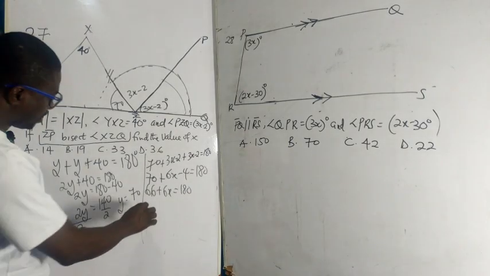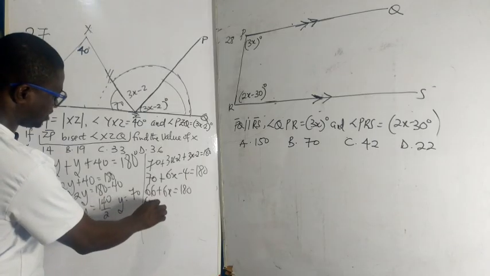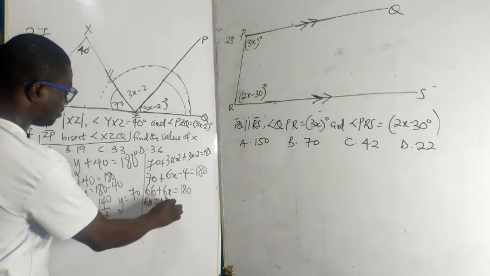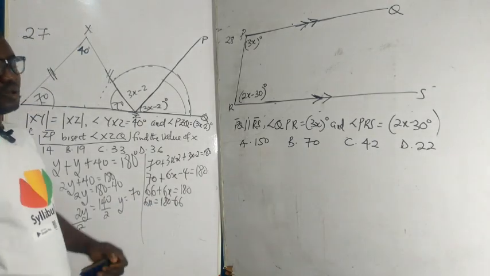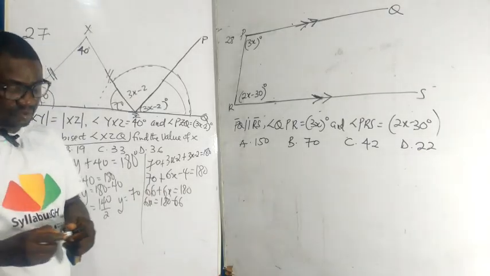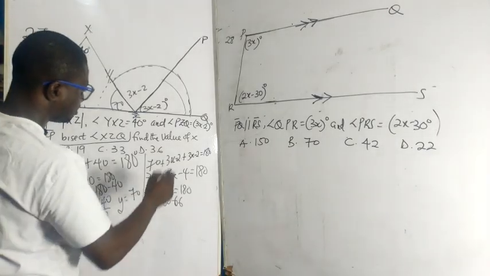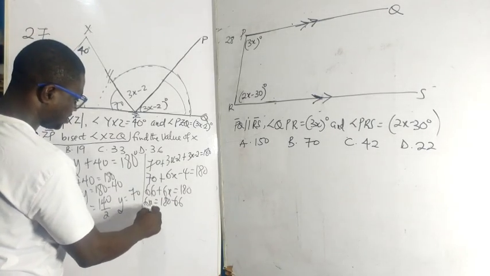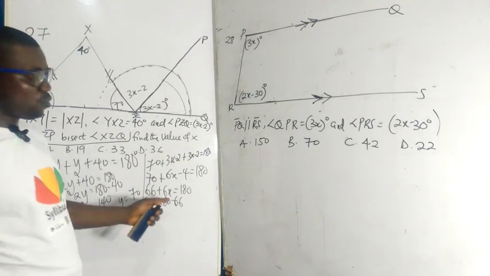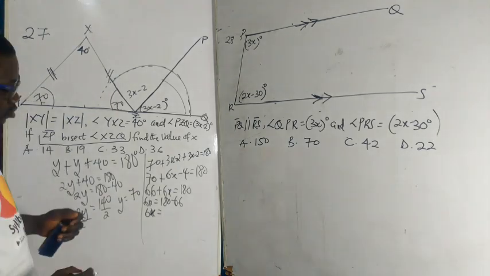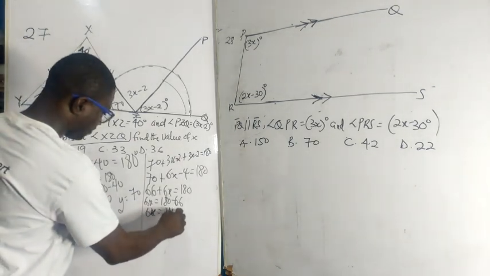Now from here, let's do the subtraction. 6x is equal to 180 minus 66. What is 180 minus 66? You are going to get 114. So we have 6x is equal to 114.